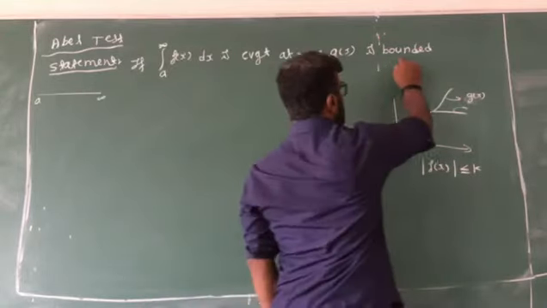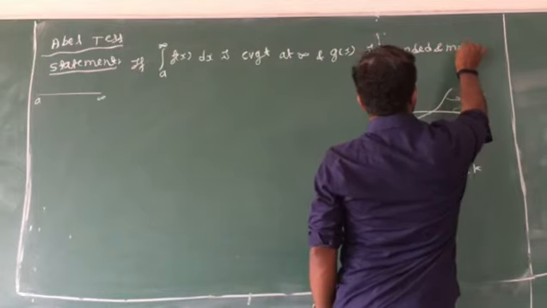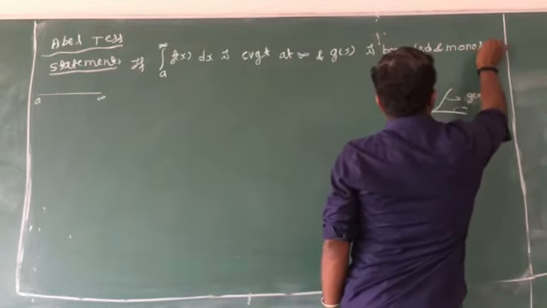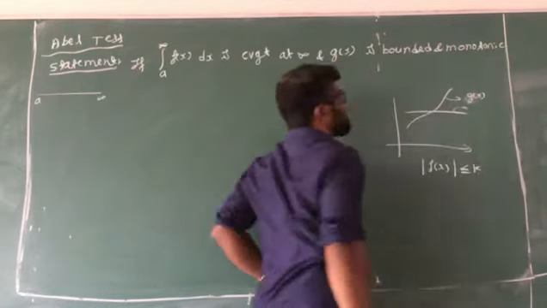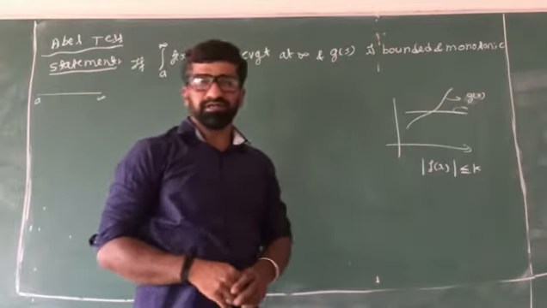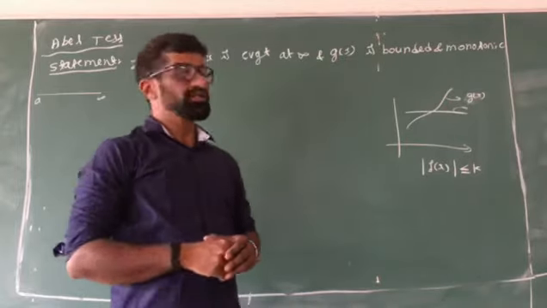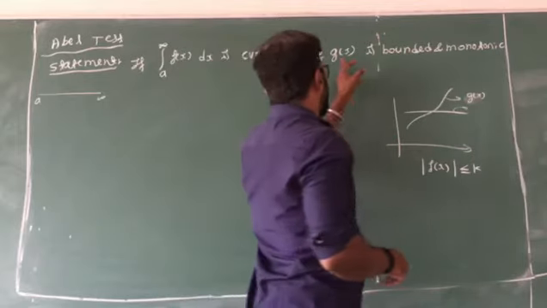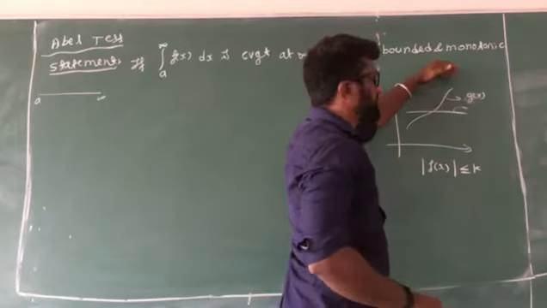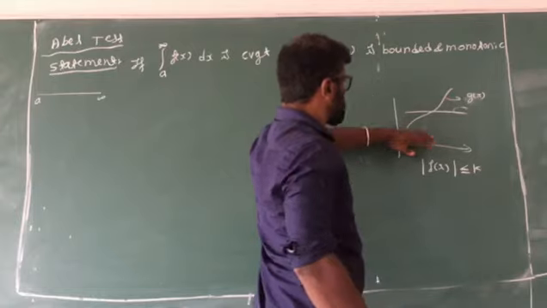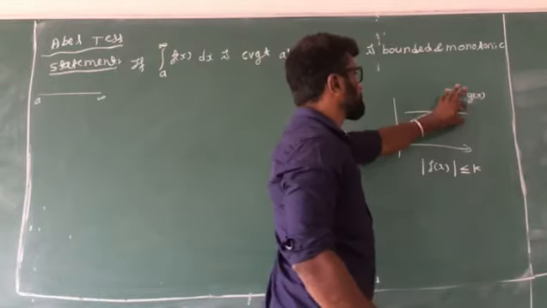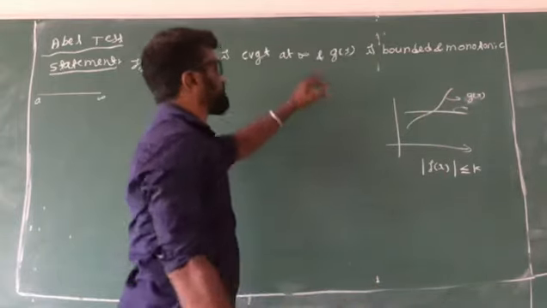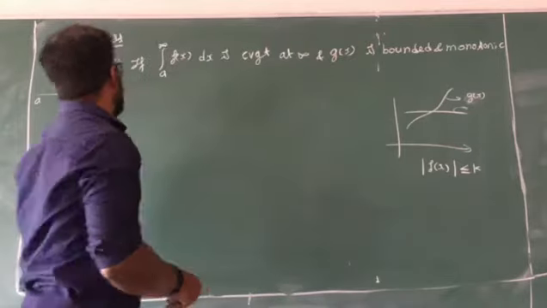The function g of x is bounded and monotonic. When a function is monotonically increasing or monotonically decreasing, that is the concept we use for sequences, right? So this is monotonically increasing, this is monotonically decreasing; together it is monotonic. So g of x is bounded and monotonic.